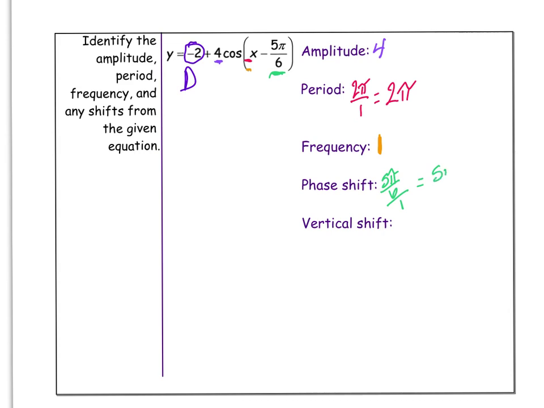So this is 5 pi divided by 6. And then my vertical shift, which we already talked about, is negative 2. I'm going to pause for a second and let you draw that in. And we're going to go ahead and move to the next page.